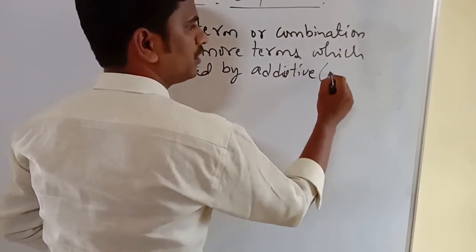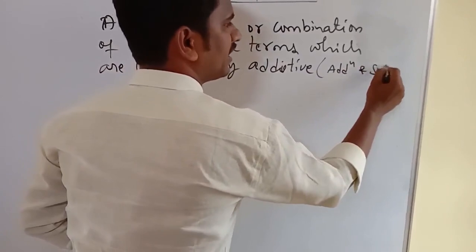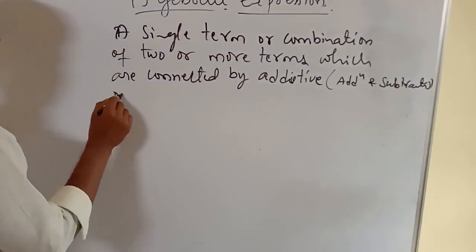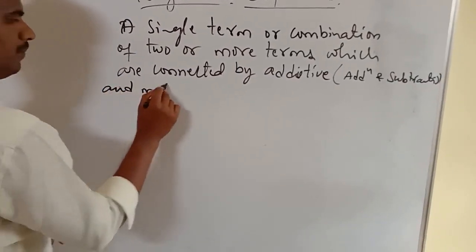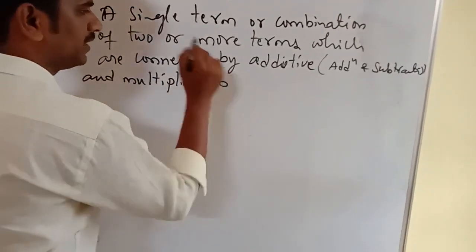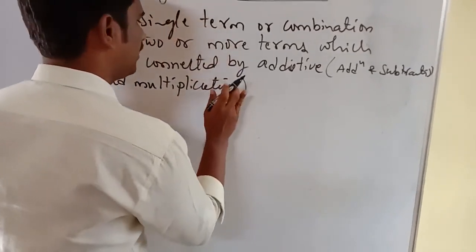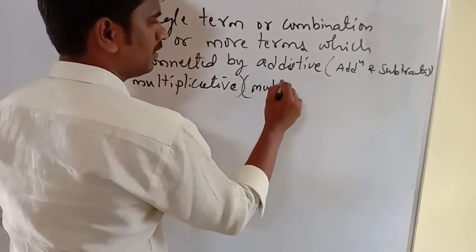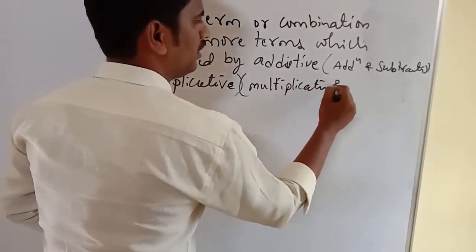Additive means both addition and subtraction. That is called additive. Okay. Or multiplicative. Multiplicative means either it is multiplication or division. Okay.